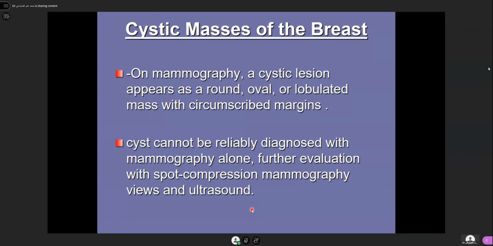So basically, whenever we are performing mammography, we always perform ultrasound along with it, especially to differentiate between cystic masses and solid masses, because all the cystic masses, whether they are benign or malignant, will appear as radiopaque masses.